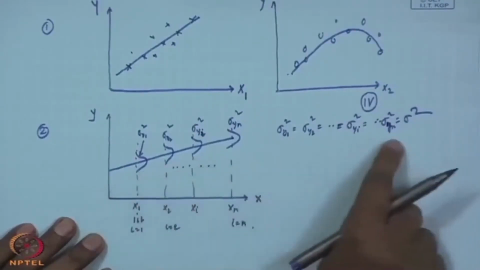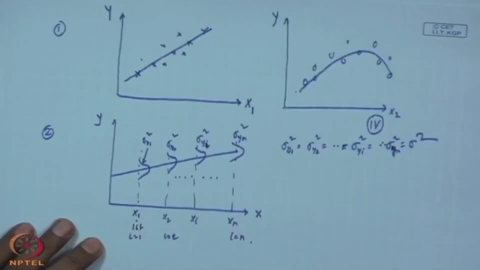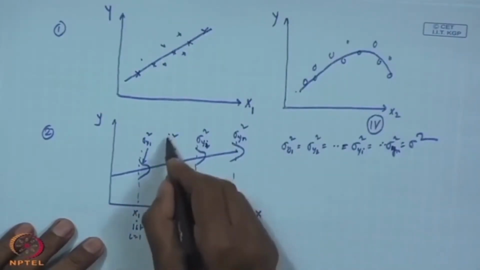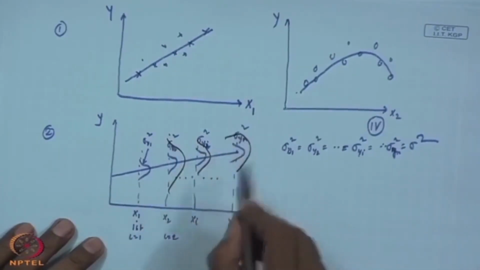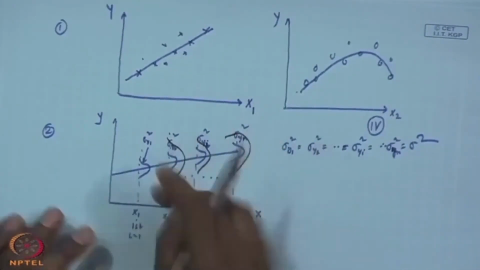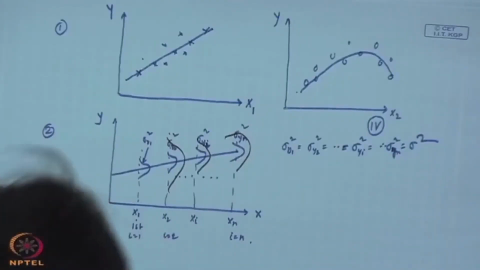This is what homogeneity means from the variability of y point of view. If there is a violation of this, your plot may not be like this, it may be something like this: here it is okay, but here it may again be small, here it may again be big. So across x values, y is not homogeneous from the variability point of view.